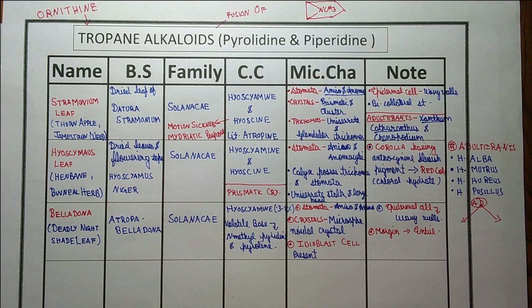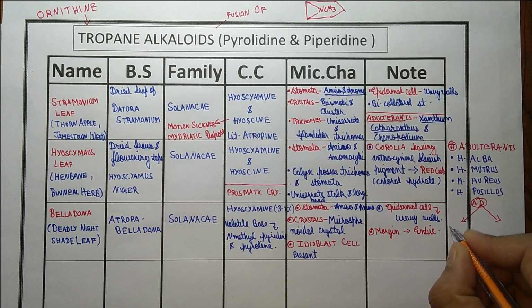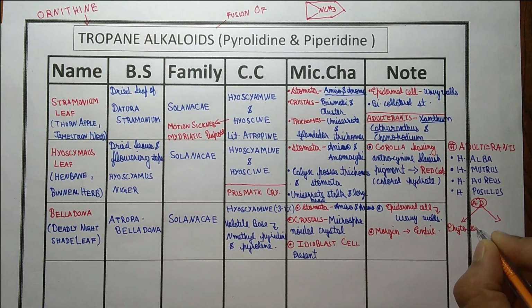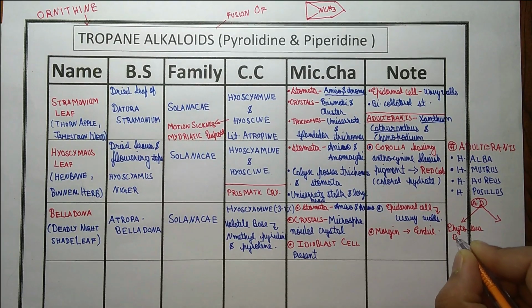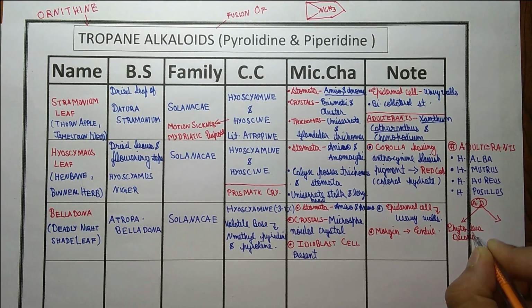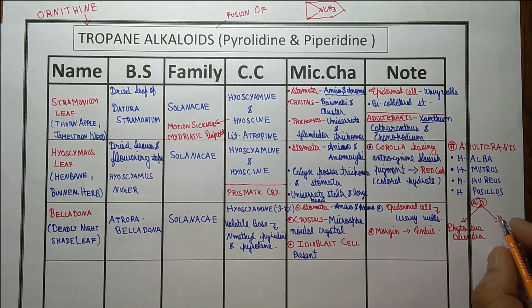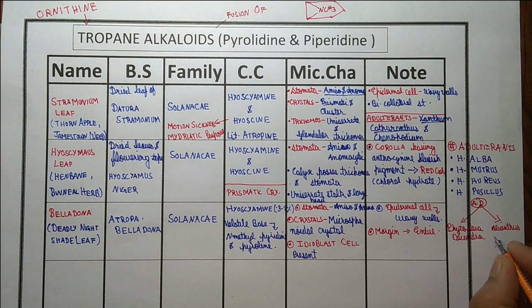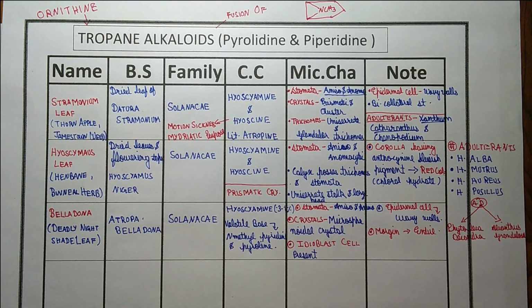One is Phytolacca decandra. Next one is Ailanthus glandulosa.